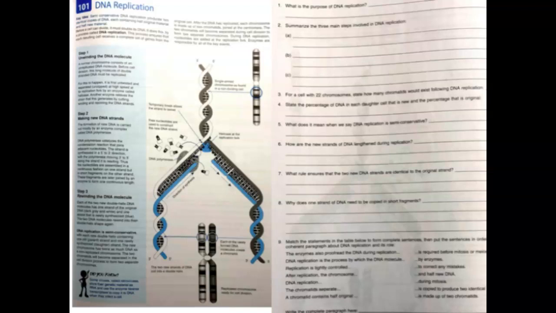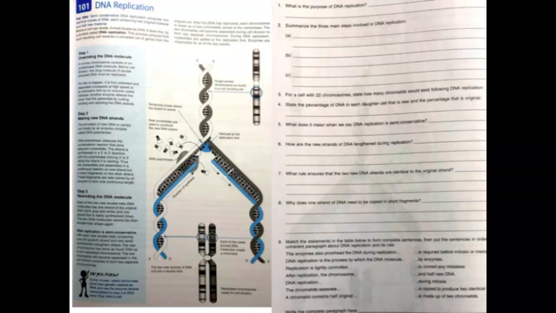All right. Polymerase moves 3' to 5' along the strand that it's reading. Thus, nucleotides are assembled in a continuous fashion on one strand, but in short fragments on the other strand, because DNA polymerase can only go one way. It can only go from 3' to 5'.